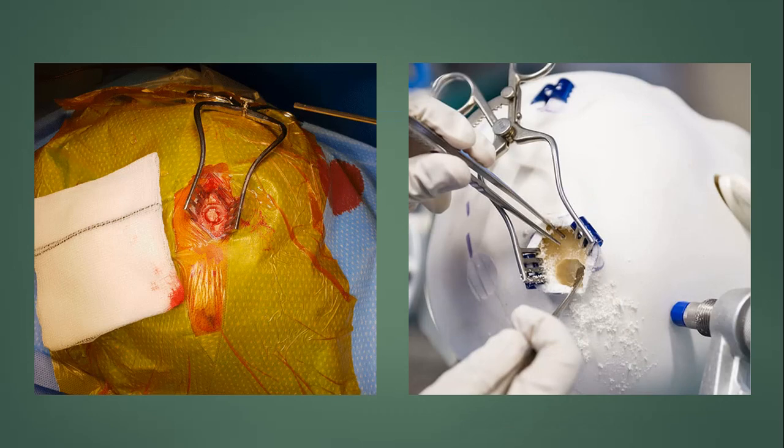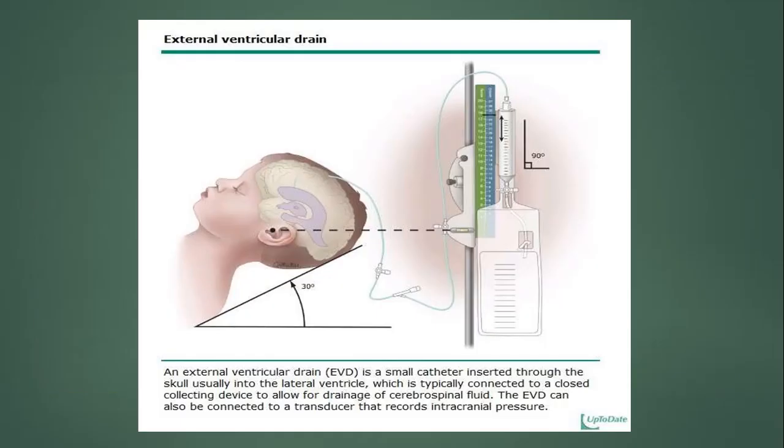So how do we pass a probe into the intracranial cavity? We make a burr hole after incising the scalp, and then we place our probes. So here you can see, once we place a probe inside the cranial cavity, we attach it to the monitor and calculate the intracranial pressure.